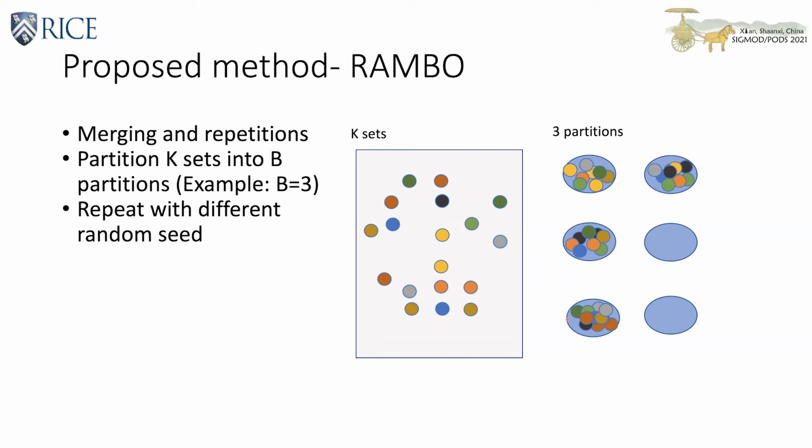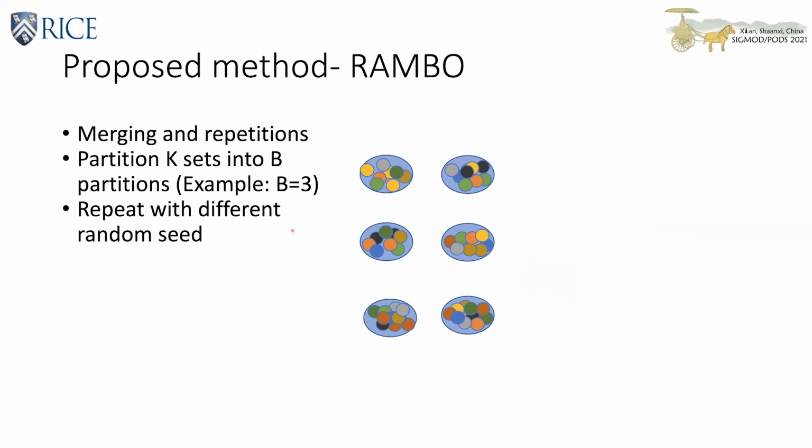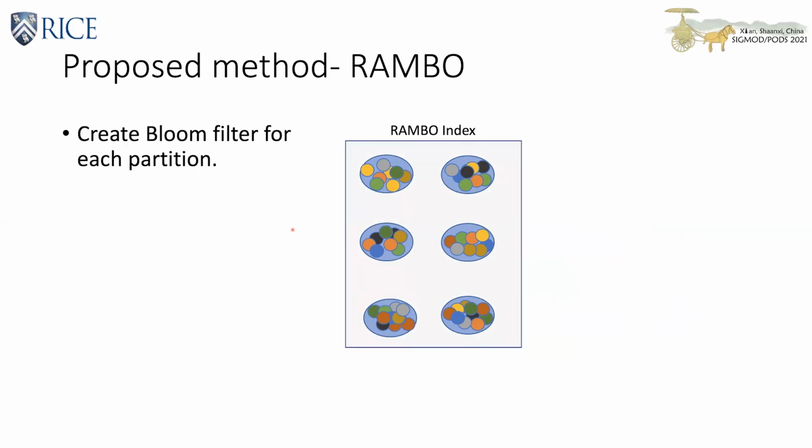What we do next is repeat this process with another random partition. This we do by choosing a different random seed. Now we membership test on both the groups of partitions and single out the common set IDs by taking the intersection. With this, we'll narrow down the search space from k over 3 to k over 9. To membership test, we create Bloom filters for each partition.